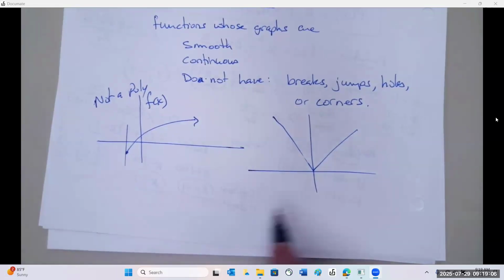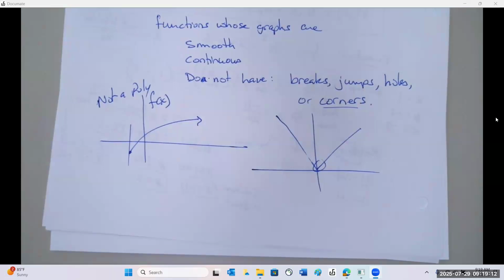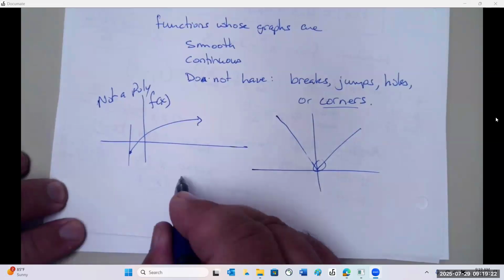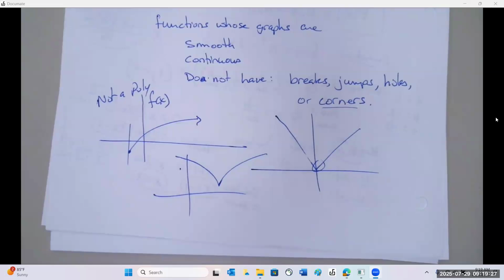Nope. It's got a corner. We just said there are no corners. It is a function, but it's not a polynomial function because it has a corner. In other words, it cannot have points, it cannot have corners. This example here is also not a polynomial. It's a function, yes, but not a polynomial function.